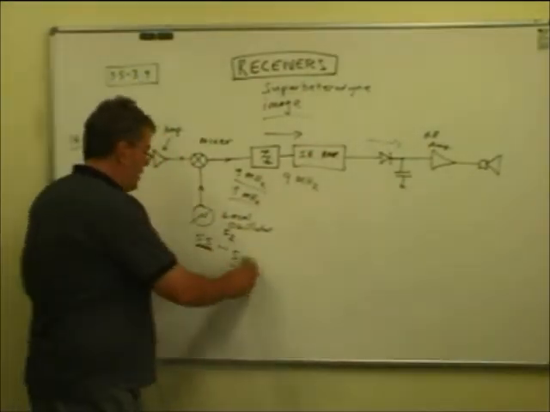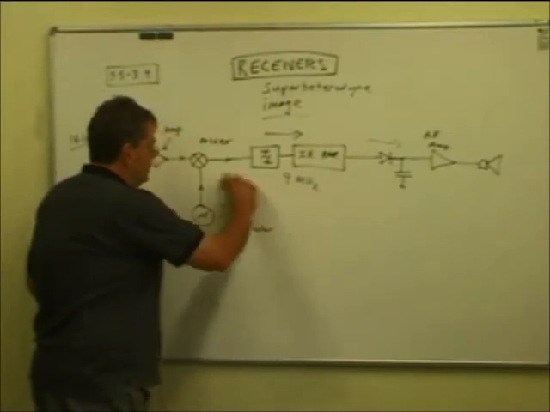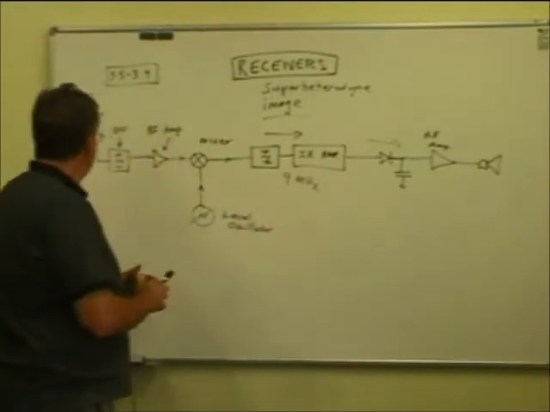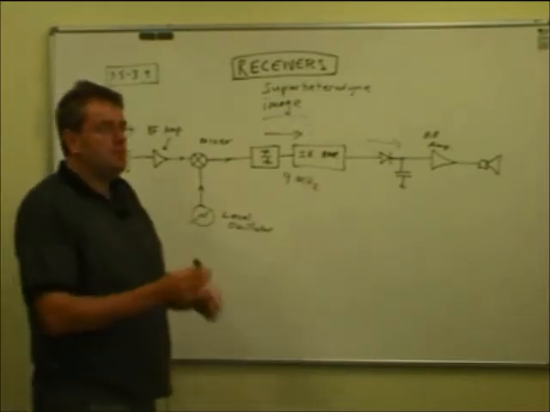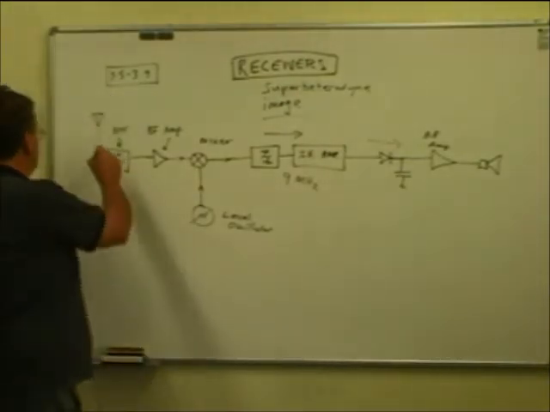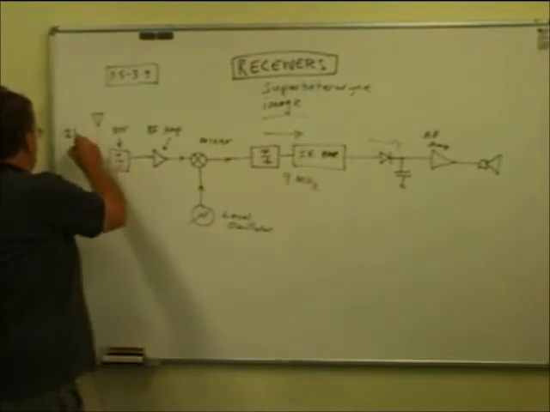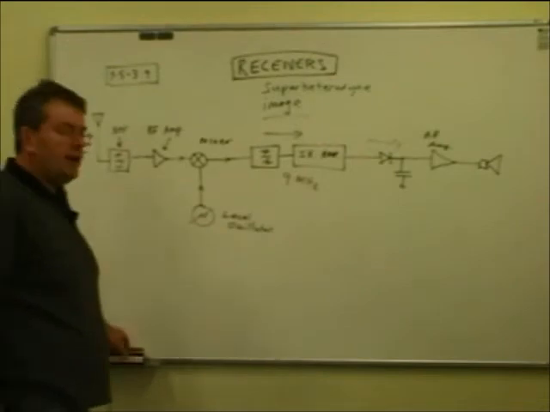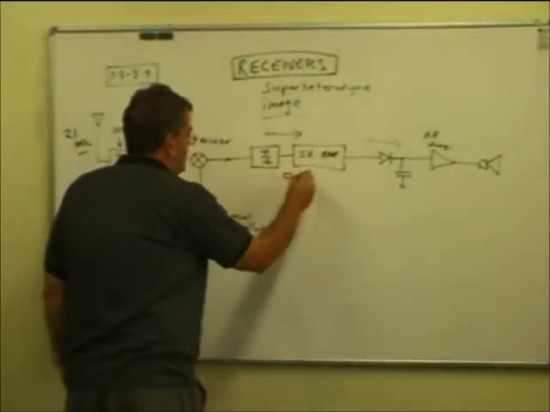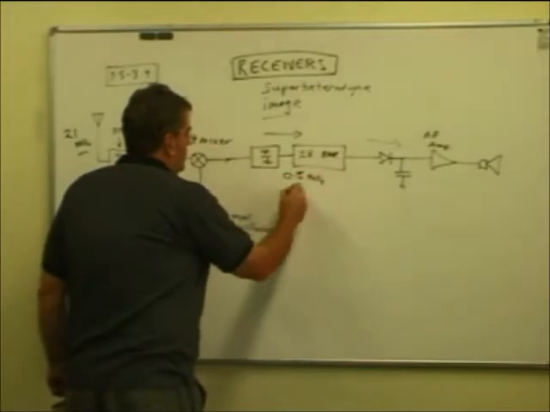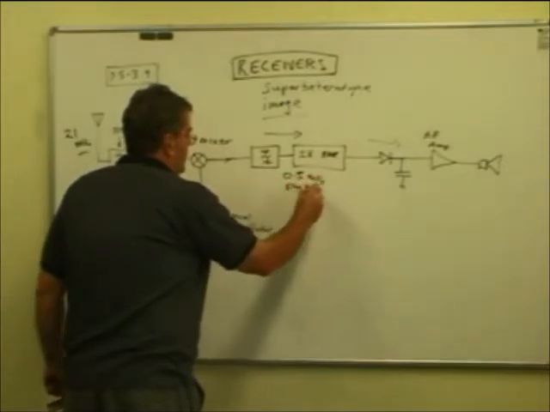We'll just illustrate an example. If we want to receive, say in the 15-meter amateur band, a signal on 21 megahertz, and what if our intermediate frequency was quite low, just half a megahertz, or 500 kilohertz?